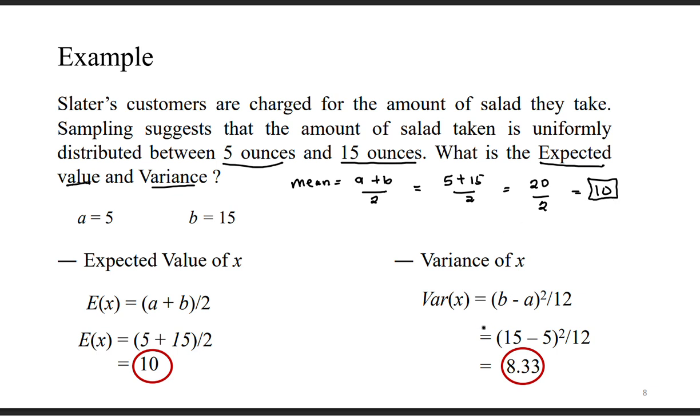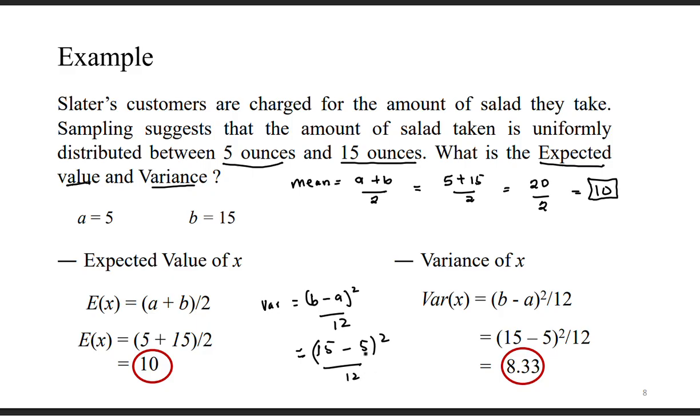But to calculate the variance, our variance is equal to the bigger value minus the smaller value, all squared, divided by 12. Now somebody will ask, why are we dividing by 12? To prove the variance, there's a formula for that, but that is beyond the scope of this course, and so I'm not going to argue with that. But our variance will be equal to the bigger value based on the question, 15 ounces, minus the smaller value of 5, all squared, divided by 12.